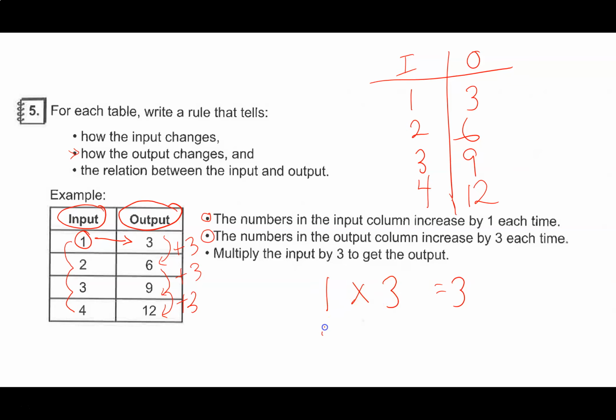Does that work for our next input? 2 times 3 equals 6. It sure does. 3 times 3 is 9. 4 times 3 is 12. So, you must multiply the input by 3 to get the output.